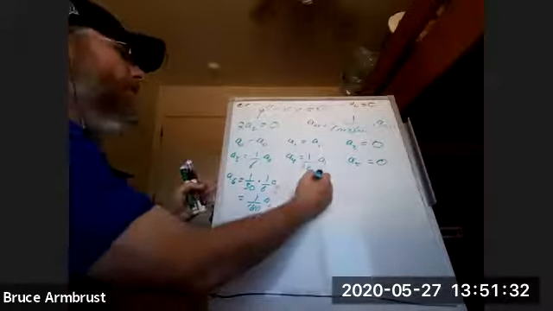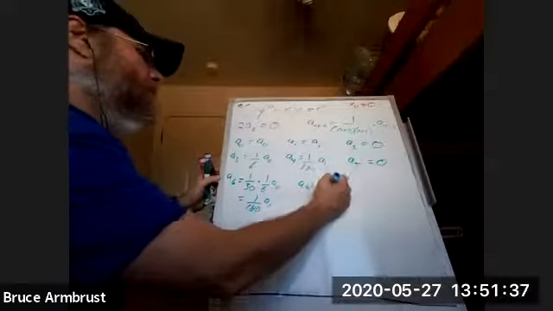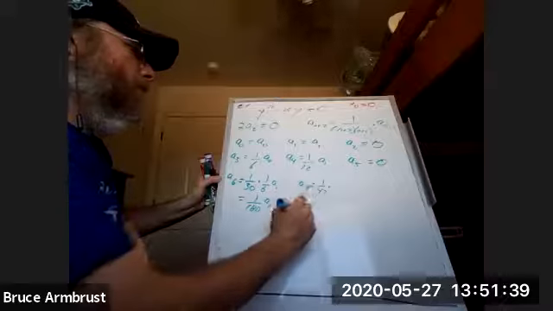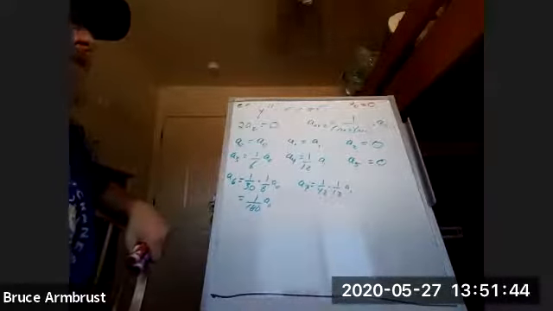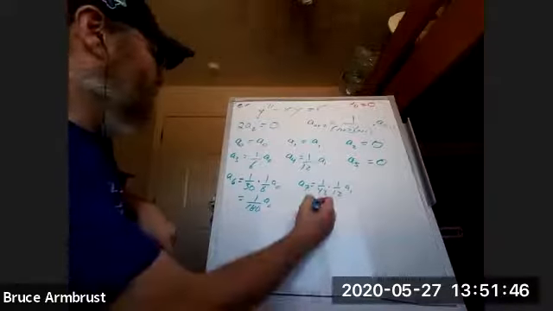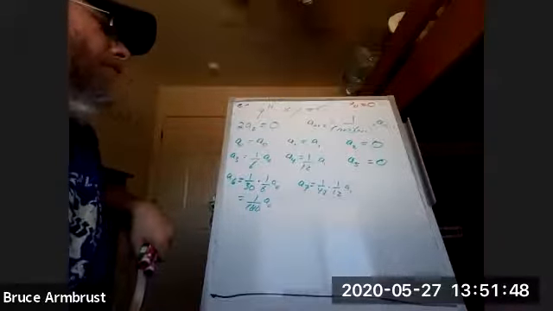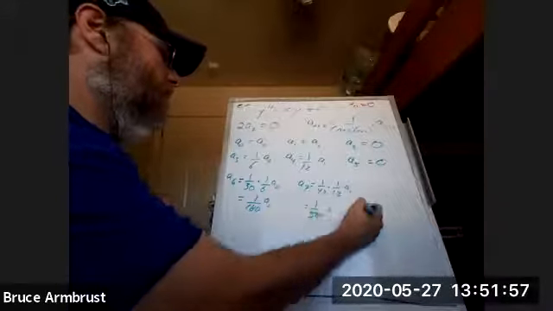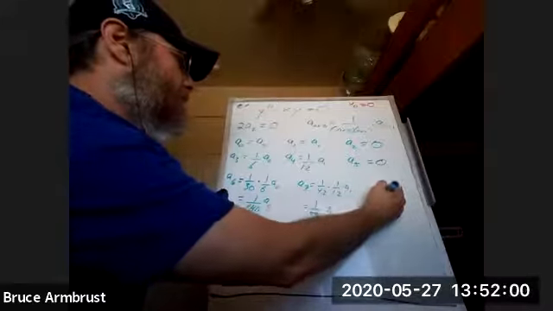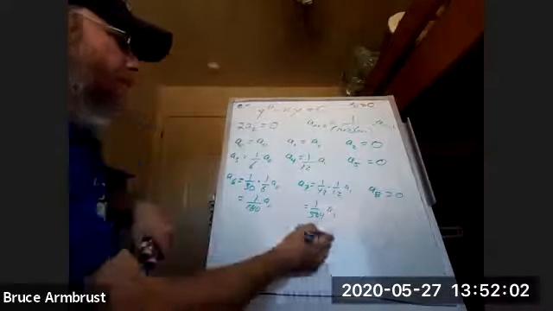A7, well, it's going to be 1 over 42 times A4, which was 1/12th A1, which I think is 464. No, not even close. 420. 504. 504, thank you. So 1 over 504 A1. A8, of course, is going to equal 0, and we can kind of follow that process.